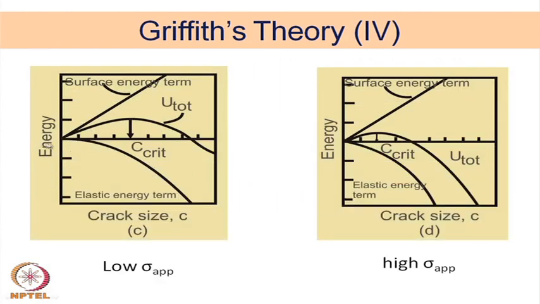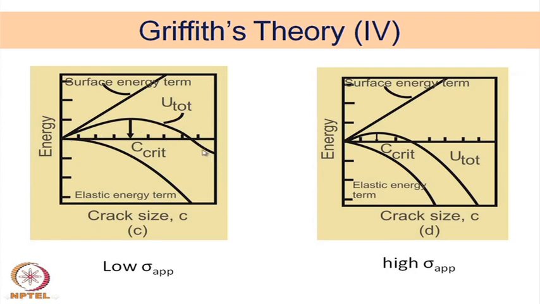This is your elastic energy term, which is decreasing as a function of crack length, whereas the surface energy term is increasing linearly. This is an inverse square term, and this is a linear term. So, it is an increasing function and this is a decreasing function. The total energy becomes an addition of these two and it goes through a peak.